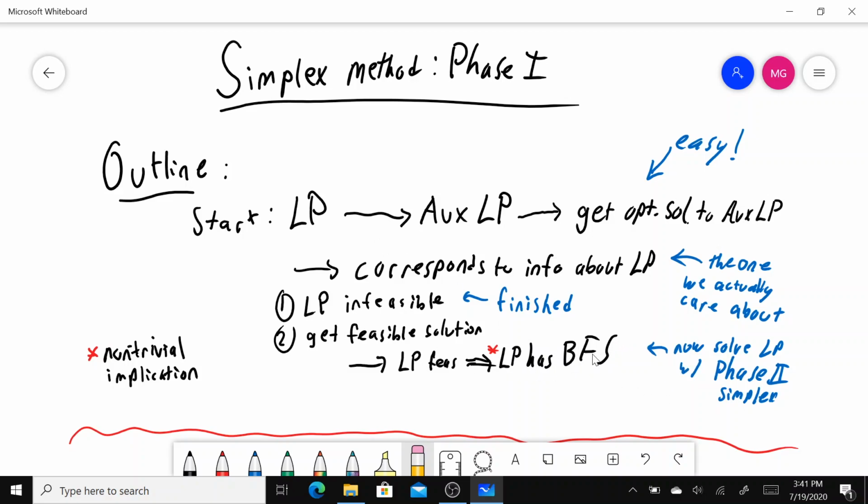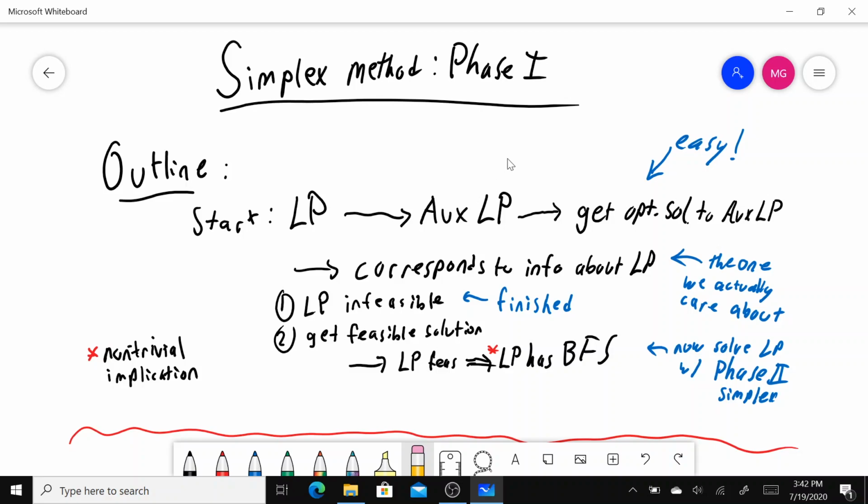Once you do have the basic feasible solution for the original, you can use the phase two process, which is the part that we've already talked about, in order to find optimal solutions for your original linear program. One thing I wanted to point out is that we are using the phase two part within this auxiliary linear program.